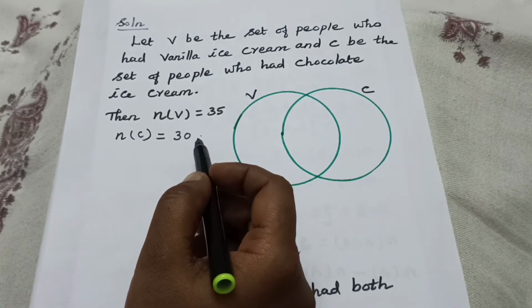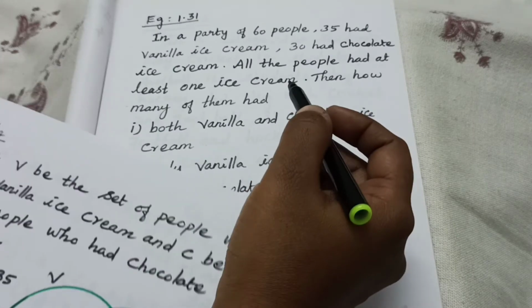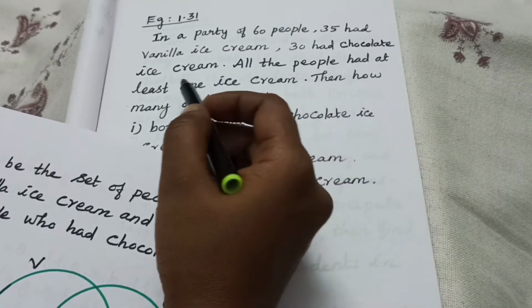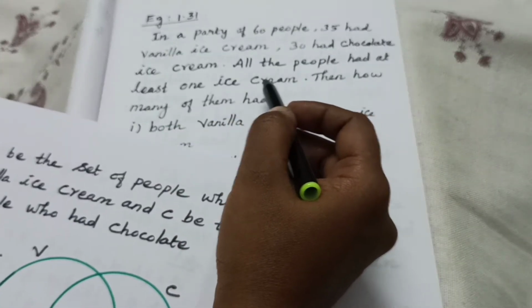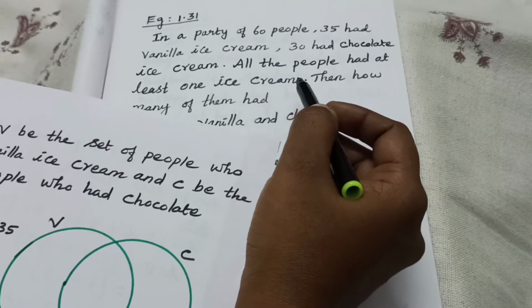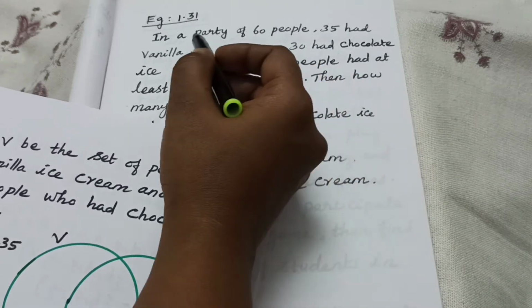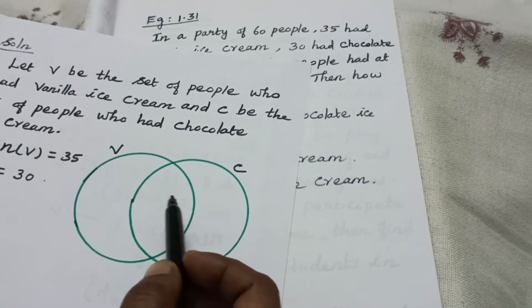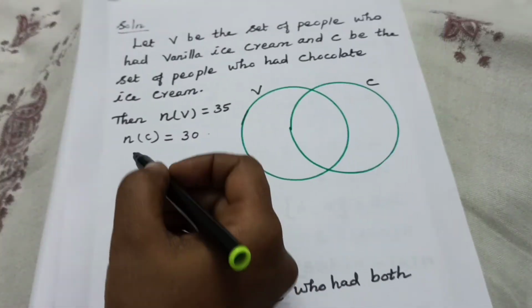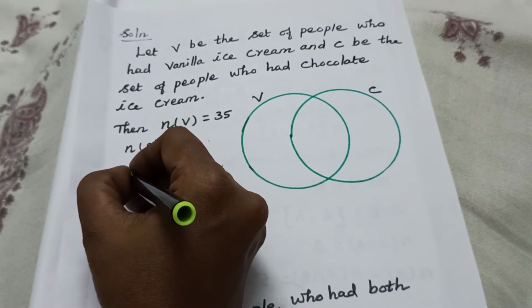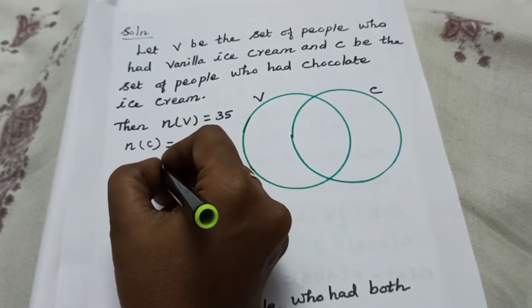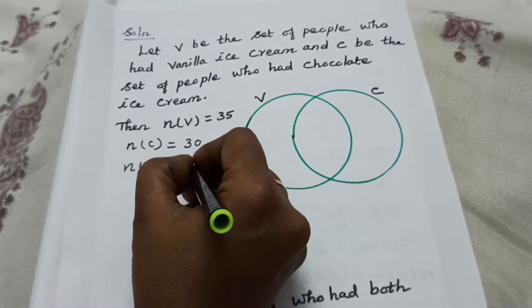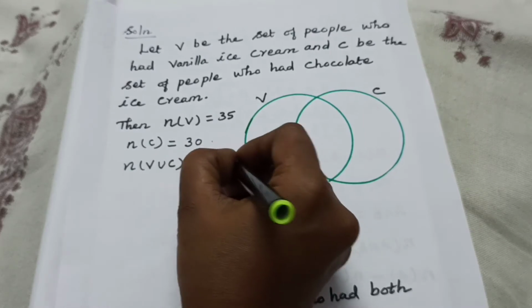Then all of them had at least one ice cream. In the party 60 people are there, total number of people 60, isn't it? That means n of V union C is equal to 60.